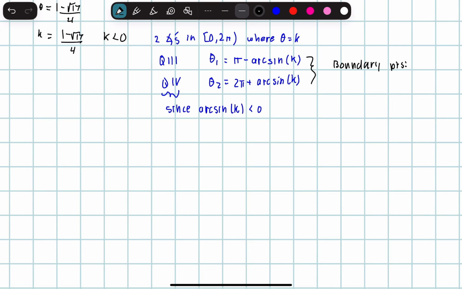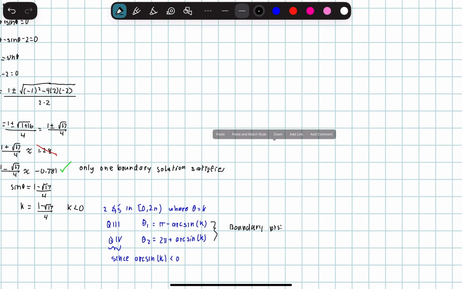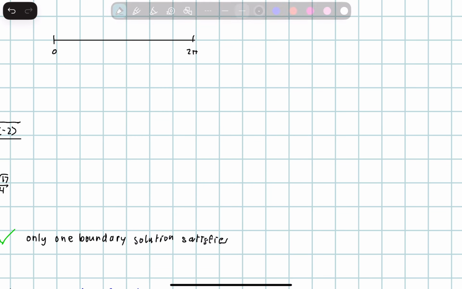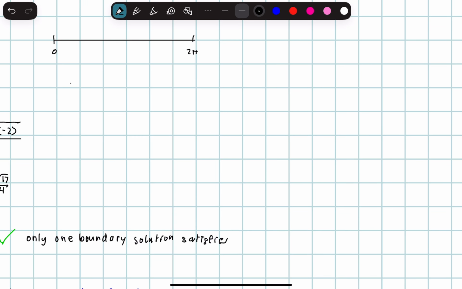And that's where k is equal to this. And now we can split our interval into parts using this. So we can write it here as 0 to theta 1, theta 1 to theta 2, and theta 2 to 2 pi.